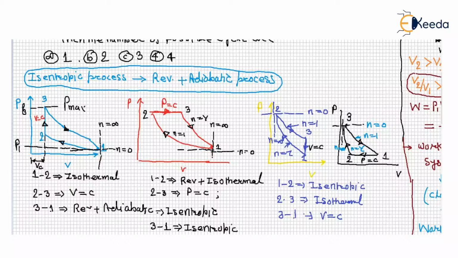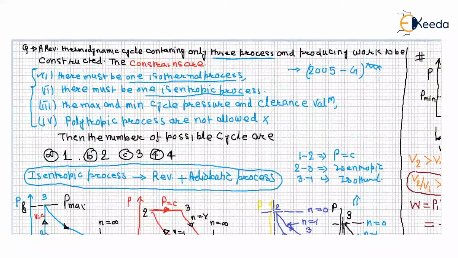So in this case 1 to 2 pressure constant, 2 to 3 isentropic, 3 to 1 isothermal, right?